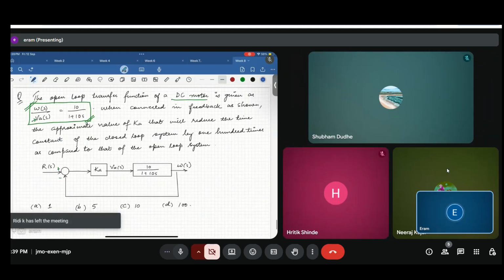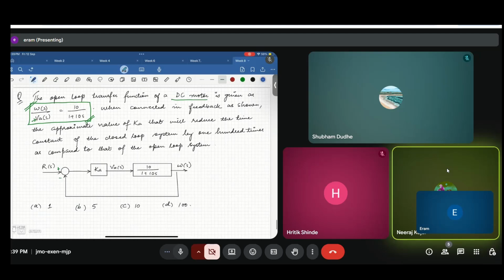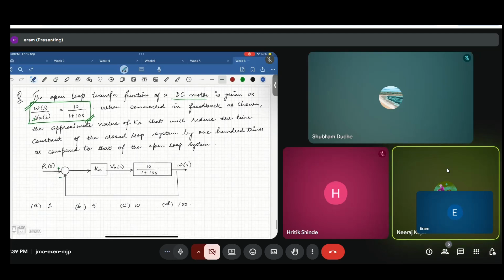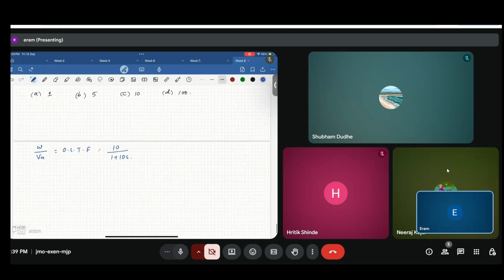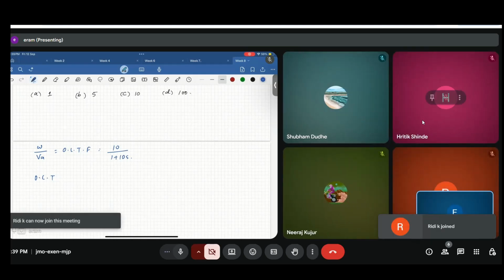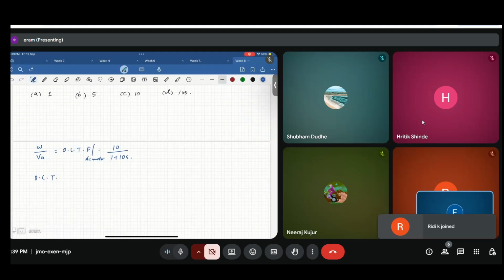So incoming feedback. So this is the open loop transfer function of the DC motor. And you have to find the open loop transfer function of the system.